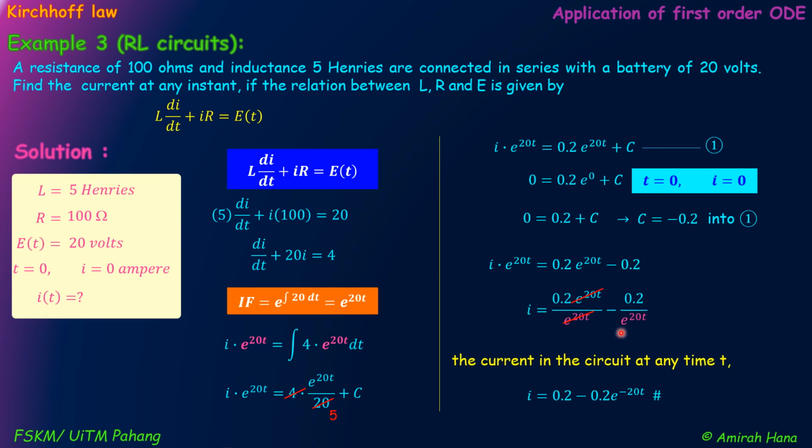From here, we can move the denominator e to the power of 20t up using properties of indices. So we can write 0.2 times e to the power of negative 20t. Okay, this is the current in the circuit at any time t, or the current at any instant.